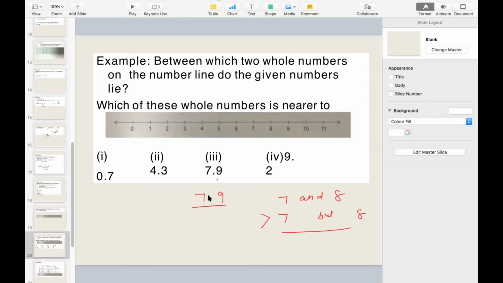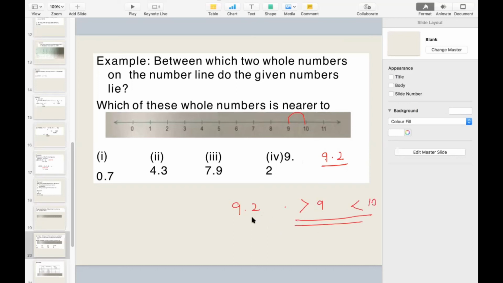The next number we can take is 9.2. So where does 9.2 lie? Between 9 and 10. 9.2 is greater than 9 but less than 10. That is why it lies between 9 and 10.